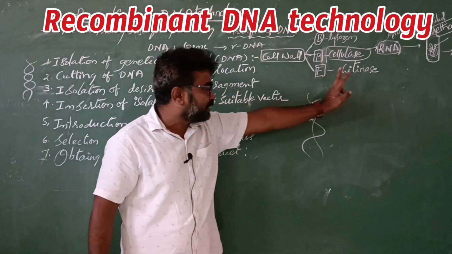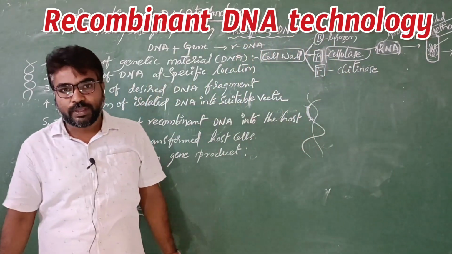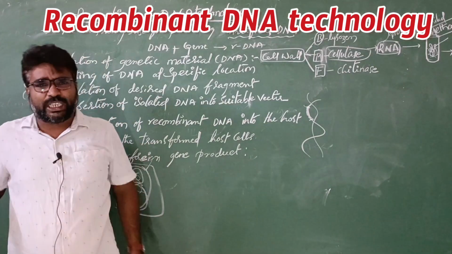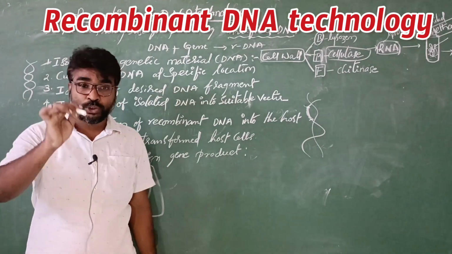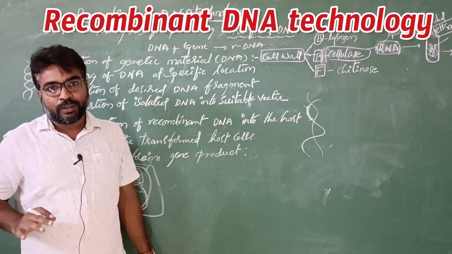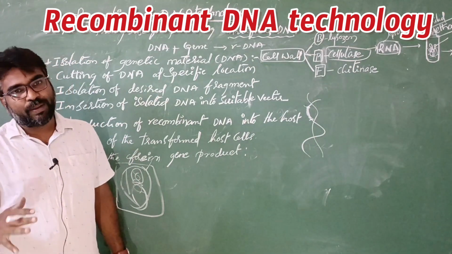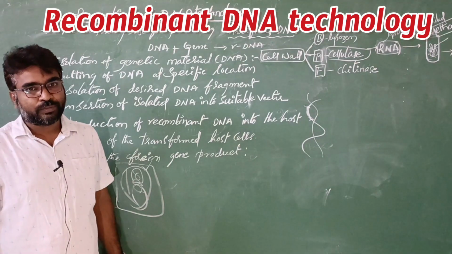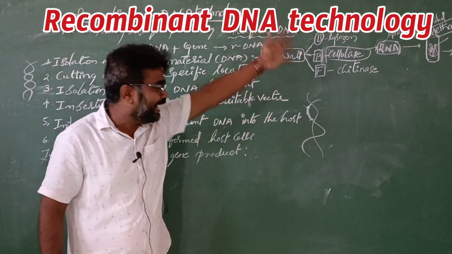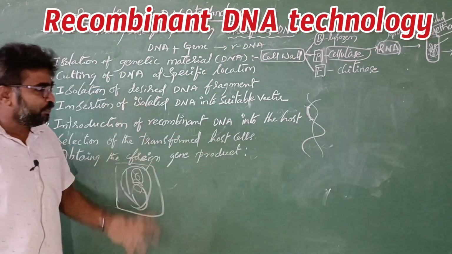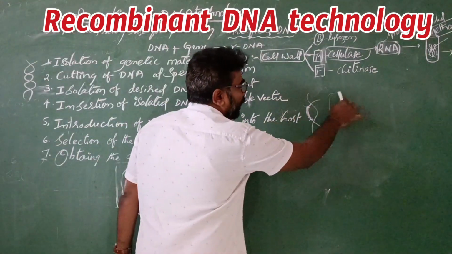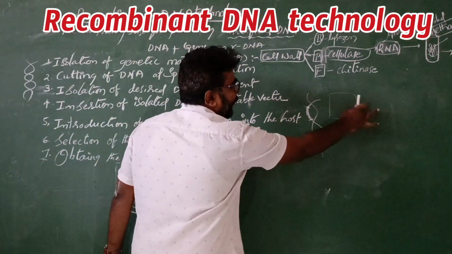If it is a fungal cell, chitinase. Different enzymes depending upon which source we are using. Most of the times we are using enzymes to break down the cell membrane and cell wall. Then very fine, now the cell wall or cell membrane is broken down.